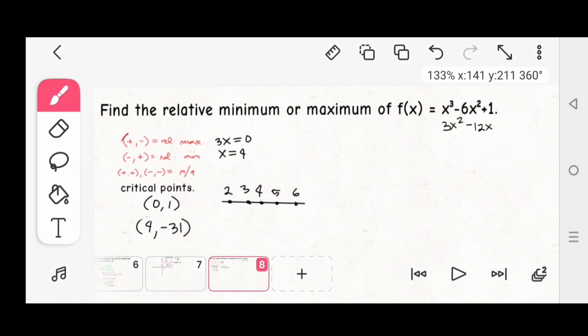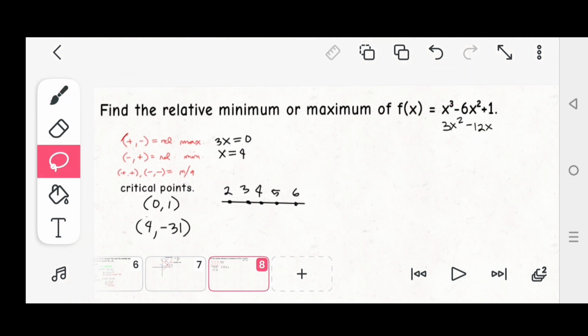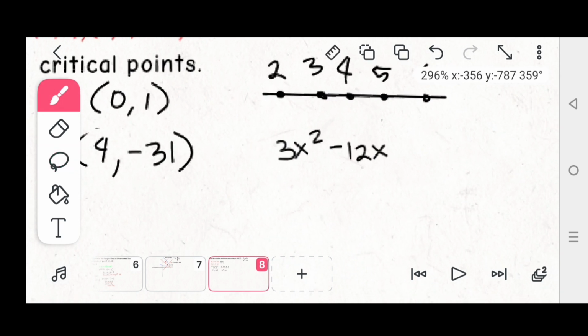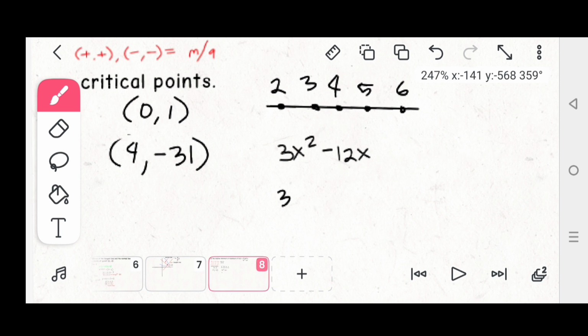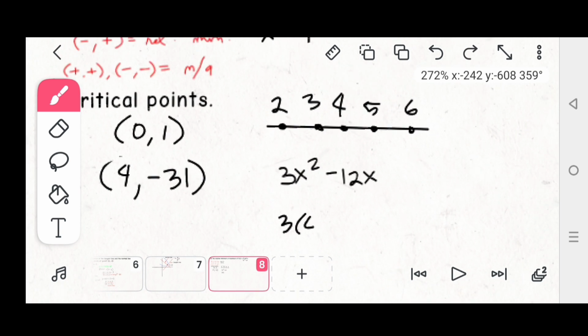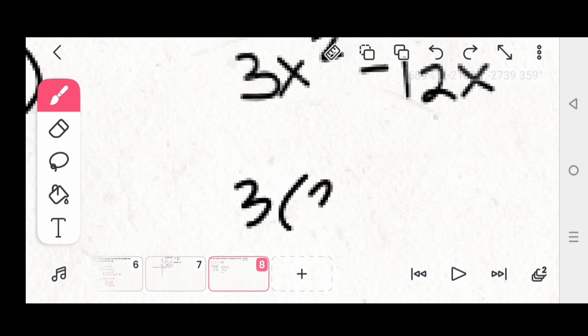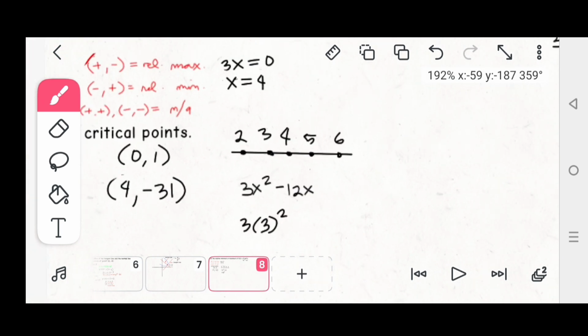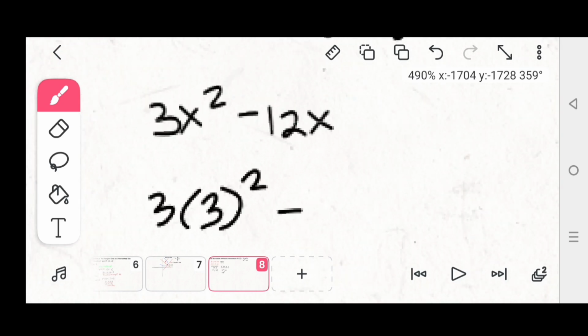After that, we need to do the second critical point also, after finding the first one. Now we need to substitute a value that is less than 4. Any value that is less than 4 will work.